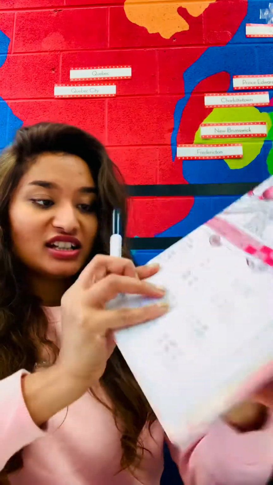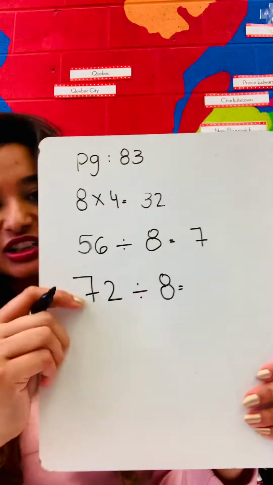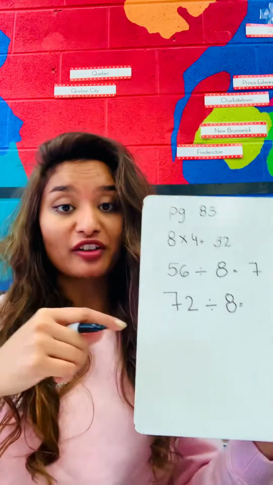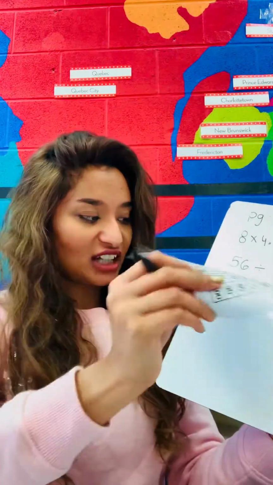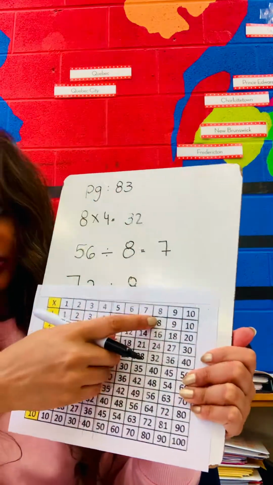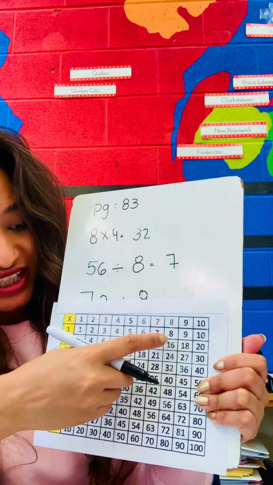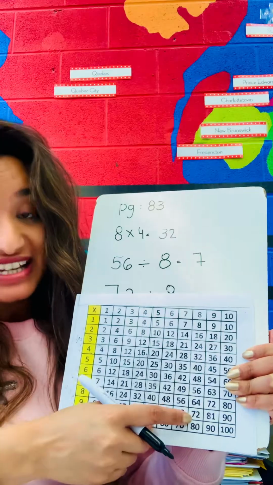Let's do one more. 72 divided by 8. So I write 72 divided by 8 like this in my math spiral book. I go to my 8 times table and look down the multiples of 8: 8, 16, 24, 32, 40, 48, 56, 64, 72.